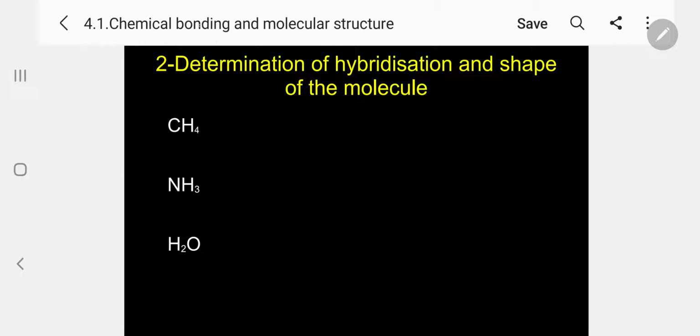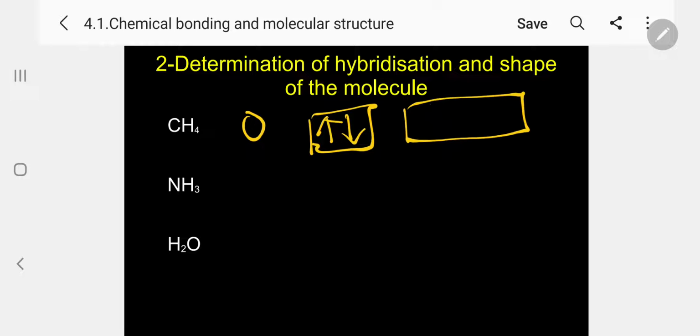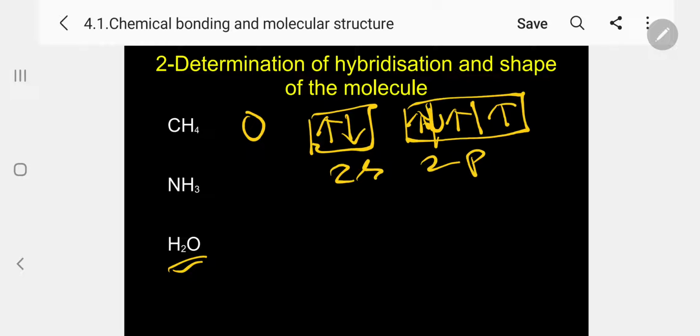The next, let me take water. Kindly follow. Let me take the central atom oxygen: 2s2 2p4. Only two atoms form bonds with oxygen, so the structure of the water molecule is H-O-H with only two bonds.